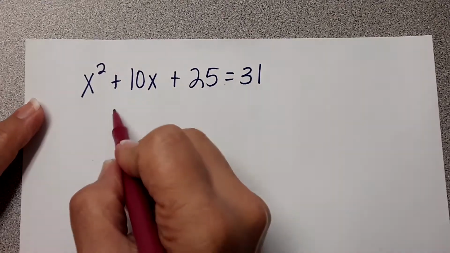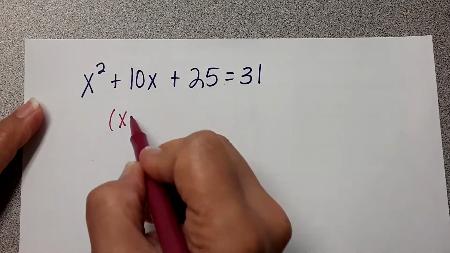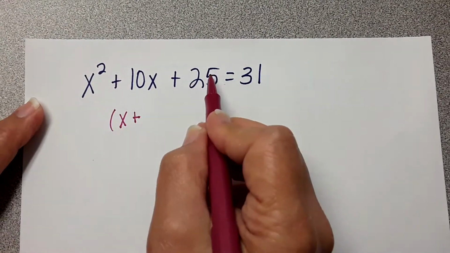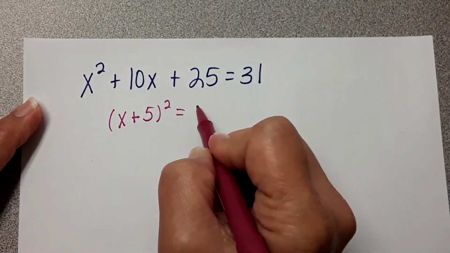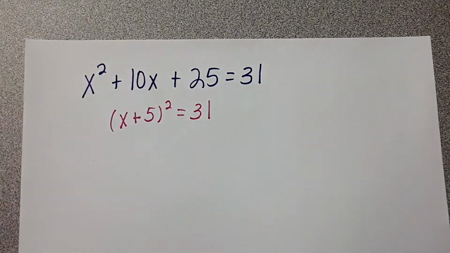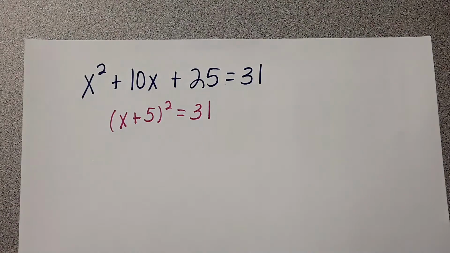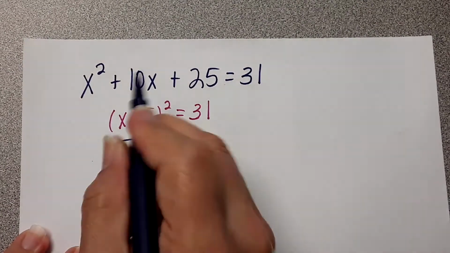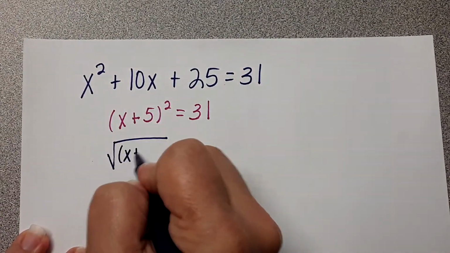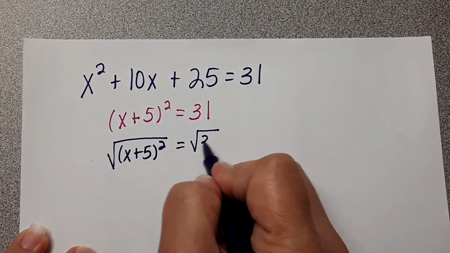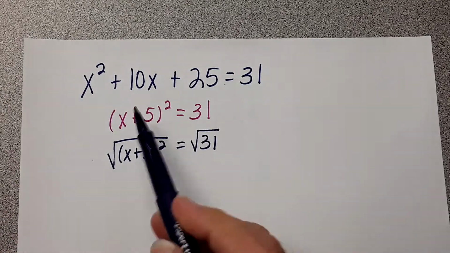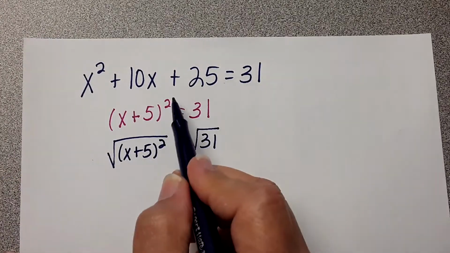So this sign matches this sign. The square root of 25 is 5, equals 31. And now because everything worked out, we can take the square root of both sides. You probably wouldn't write this step, you would put the square root over both sides.